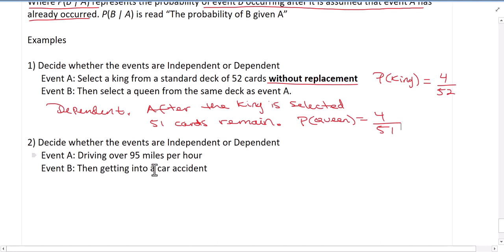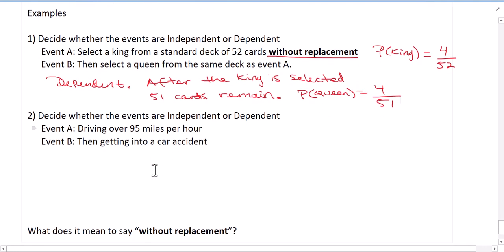Now what about example 2? Decide whether the events are independent or dependent: driving over 95 miles per hour and then getting into a car accident. This is kind of subjective probability. Based on experience, based on our prior knowledge of speeding, we can say that yes, going over 95 miles per hour increases someone's chance of getting into a car accident.